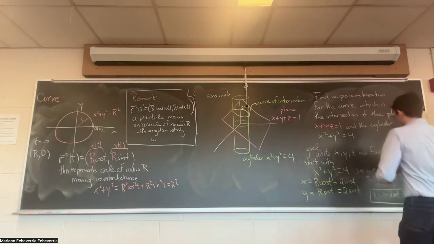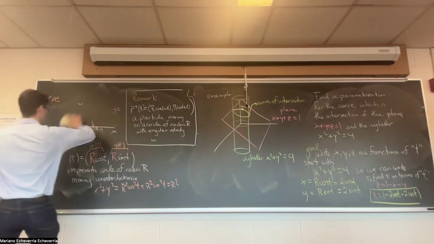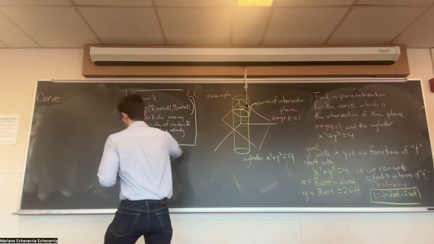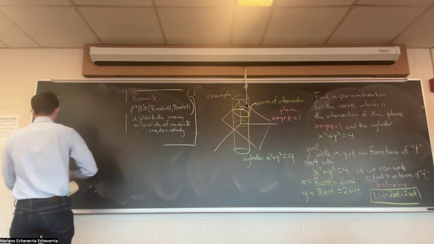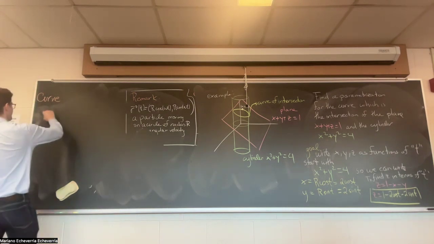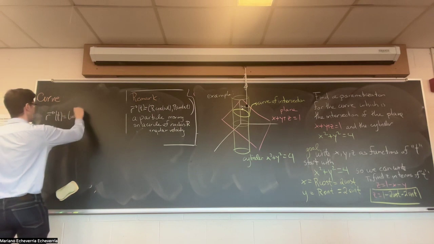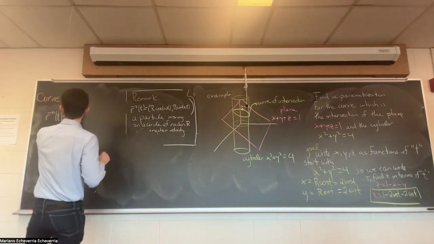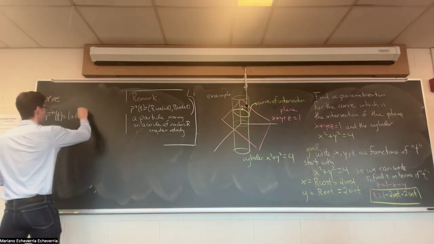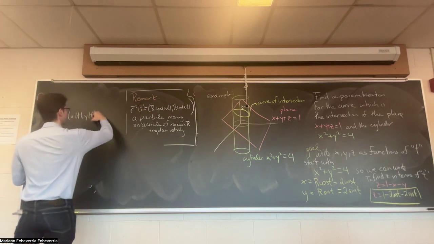Okay, so the parameterization, let me erase this. What is the parameterization? It's r of t, which would be x of t, y of t, z of t.